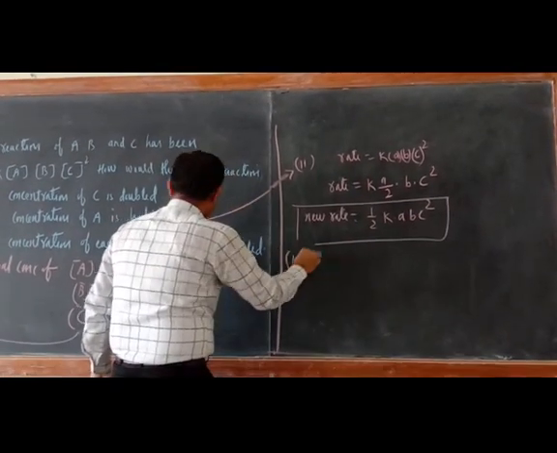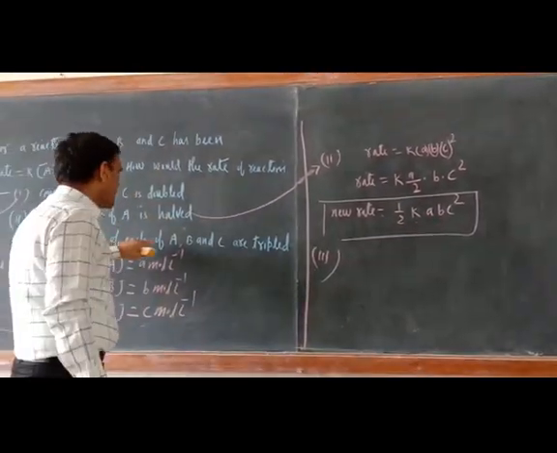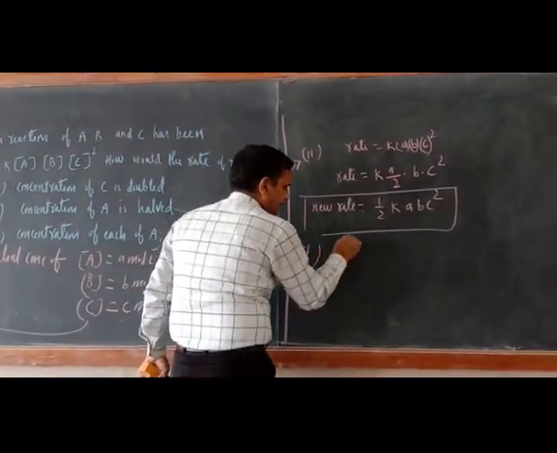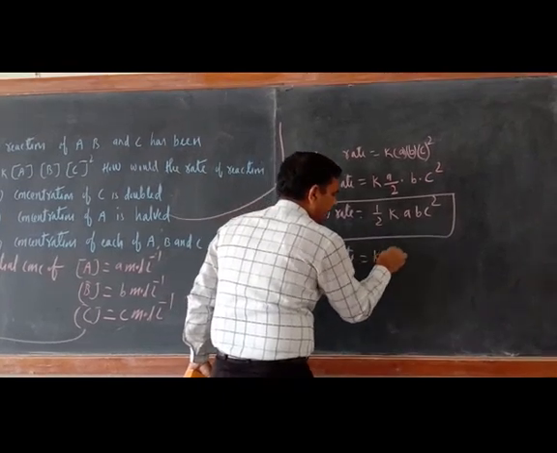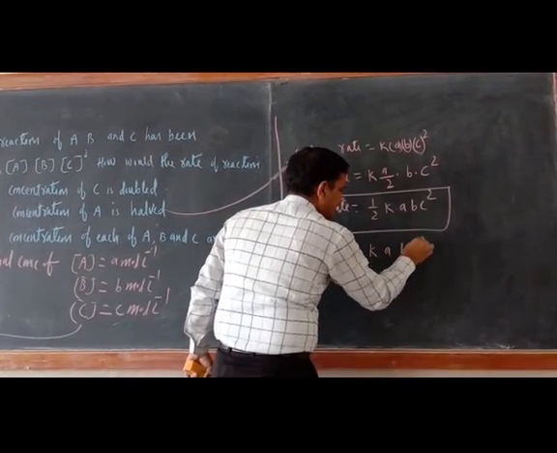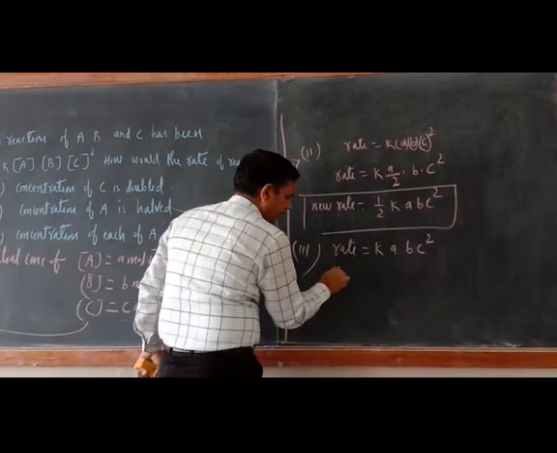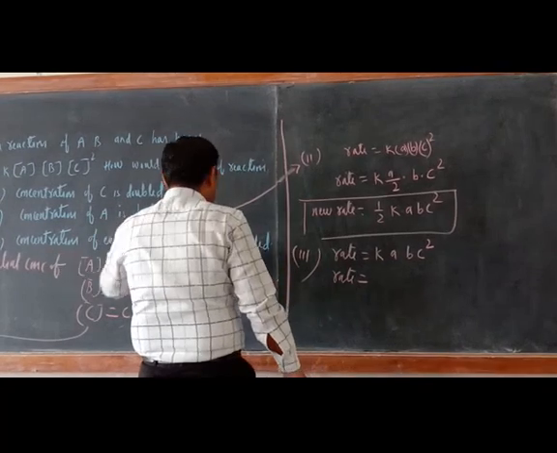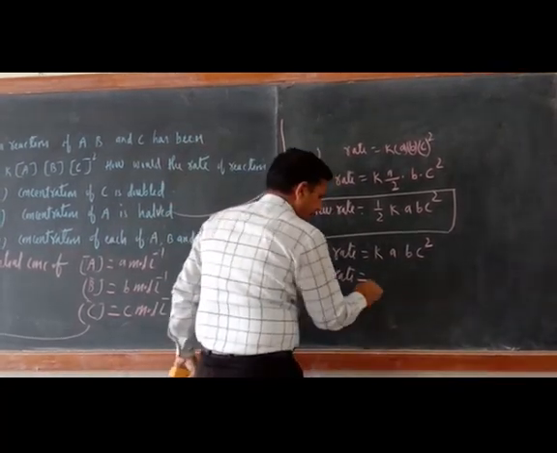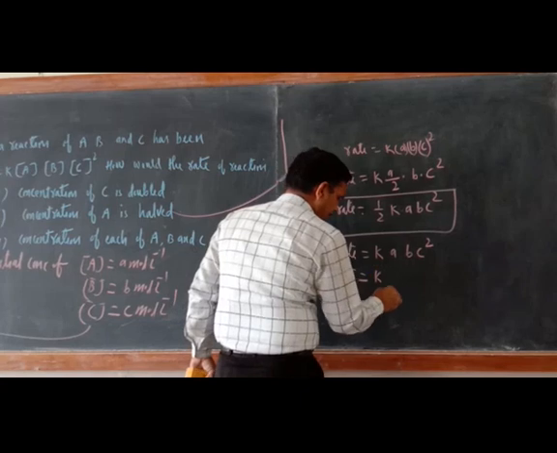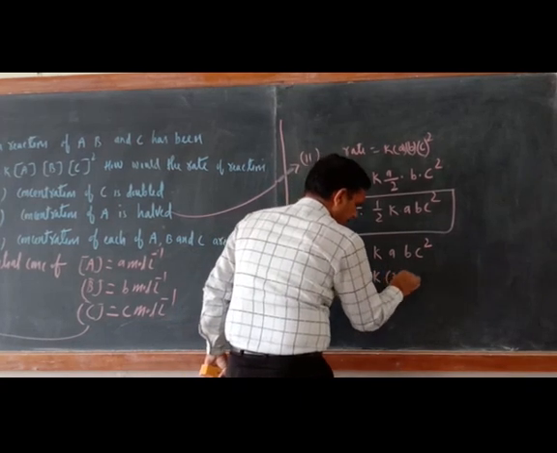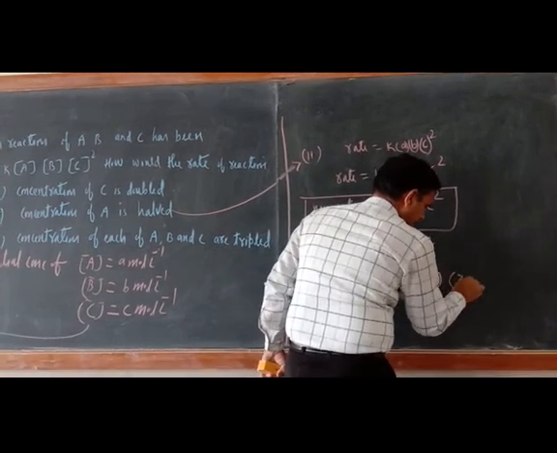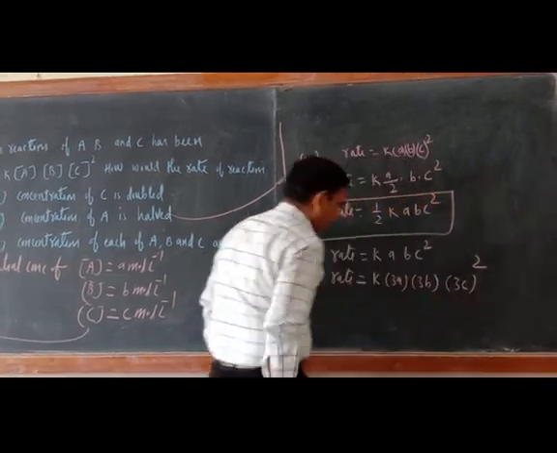Now third one. The third one is when the concentration of each of A, B and C is tripled. So rate equal to k[A][B][C]^2. Now you are tripling the concentration of everyone. So here k, here 3a, here 3b and here 3c raised to the power 2.